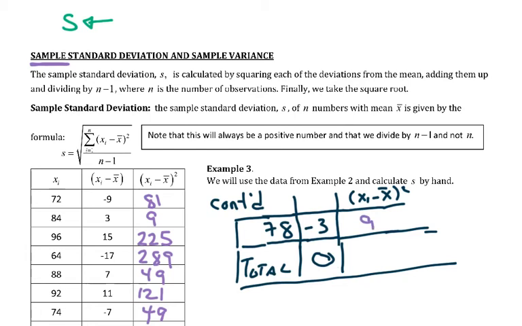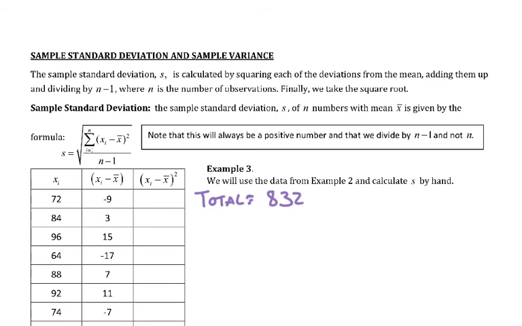And then you want to add all these numbers up. And if you do that, you should get 832. Now, I need a little more room, so I'm just going to go over here. Our total is 832.